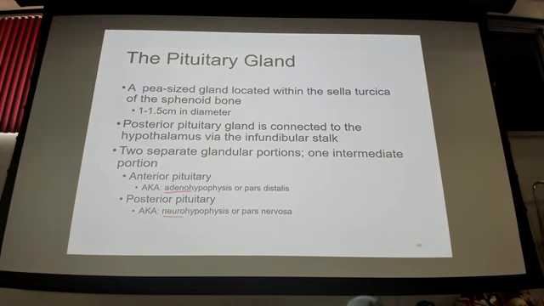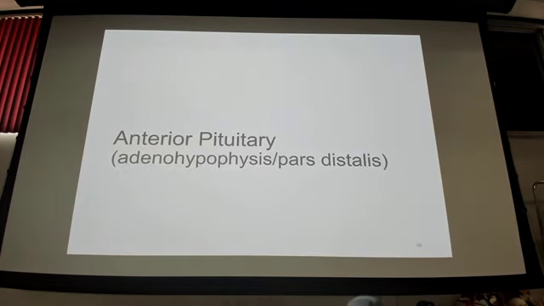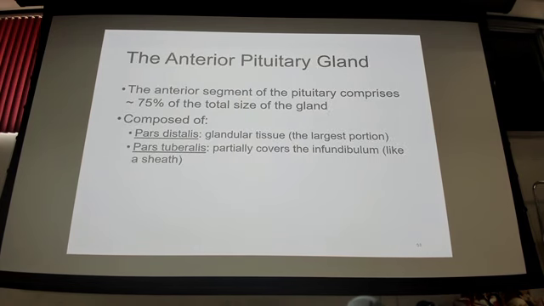Back to whoever asked the question: the posterior pituitary won't start to do anterior pituitary functions if the anterior pituitary fails, and vice versa. So the anterior pituitary is the largest part, glandular tissue, those secretory cells making whatever the hypothalamus has told it to make.